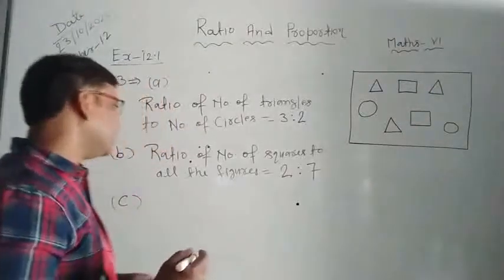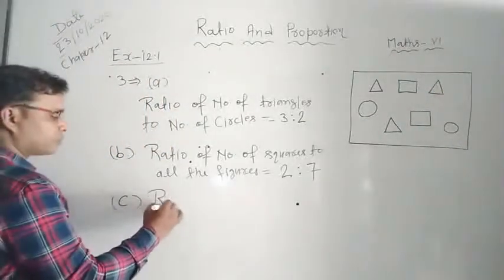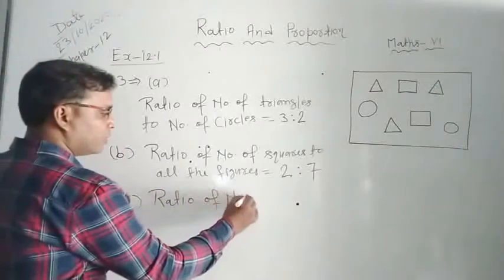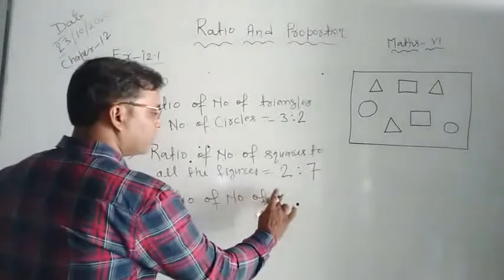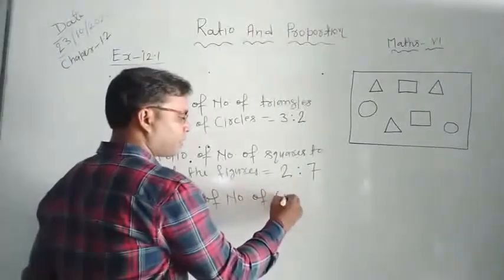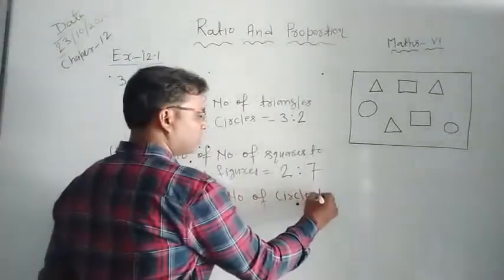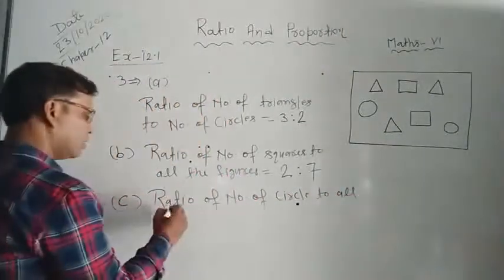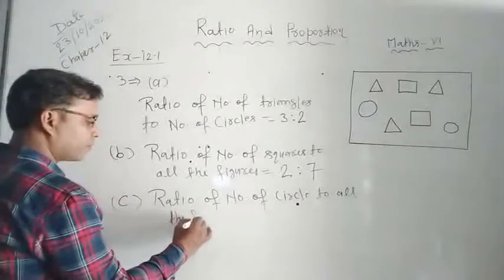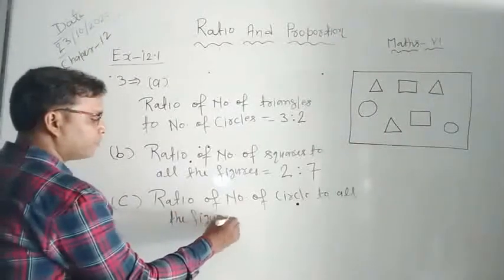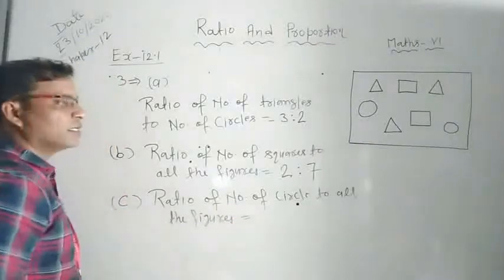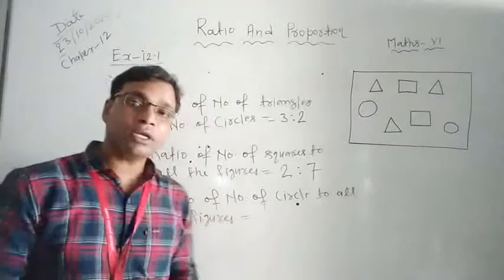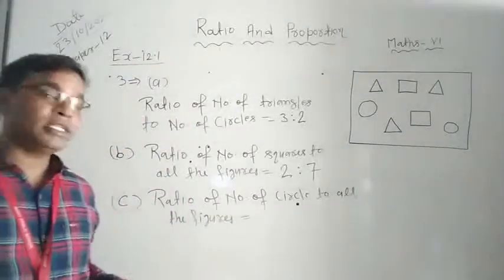So we find the ratio of number of circles to all the figures inside the rectangle.